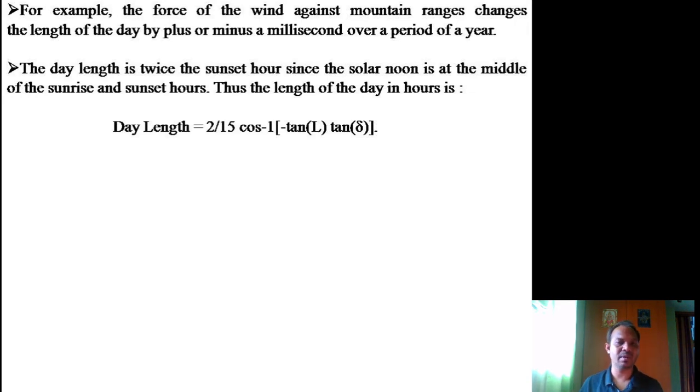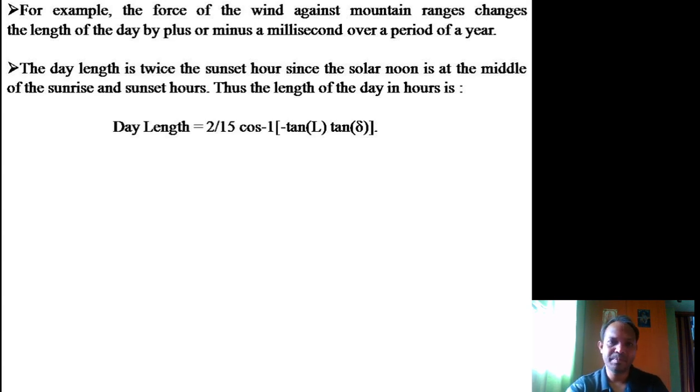Because of that, there will be a circulation, a current formation, which we call wind. Wind is nothing but air which comes with a higher velocity. This also makes a millisecond difference for a year. Maybe for a year it is a very small quantity, but it does matter, plus or minus milliseconds over the year.